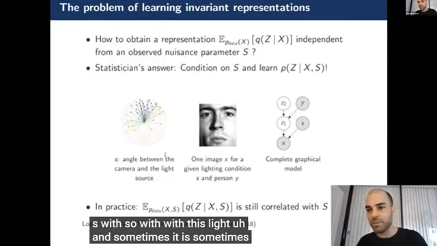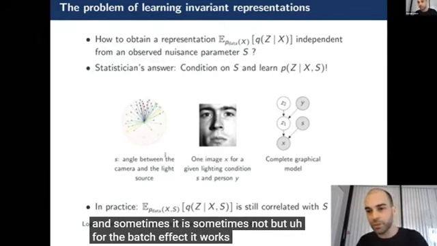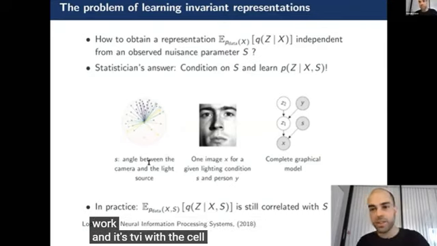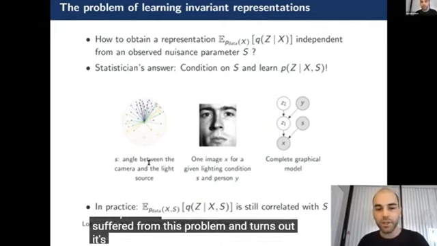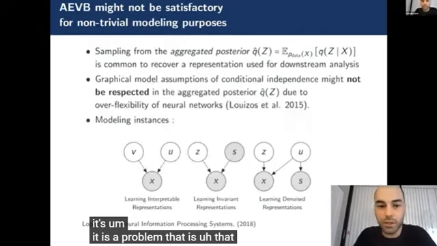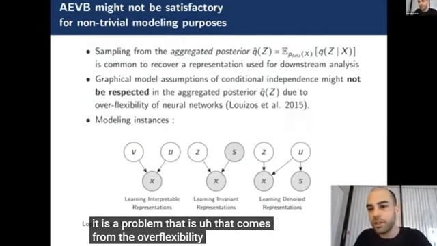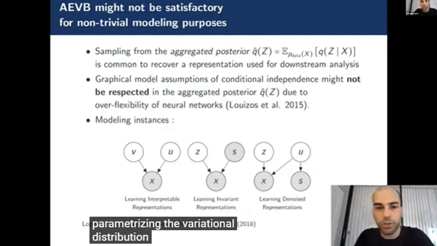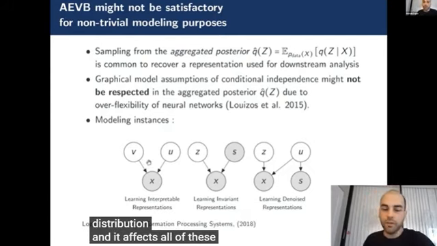Sometimes it is, sometimes it's not. For the batch effect it works, but here is really an example where it didn't work. And scVI with the cell cycle, for example, also suffered from this problem. It turns out it's a problem that comes from the over-flexibility of the neural net used in parameterizing the variational distribution, and it affects all of these issues.